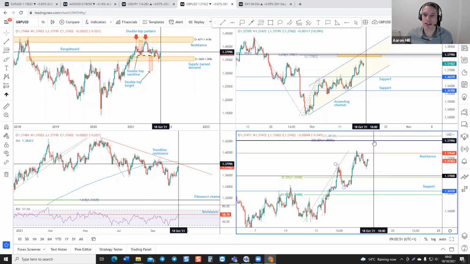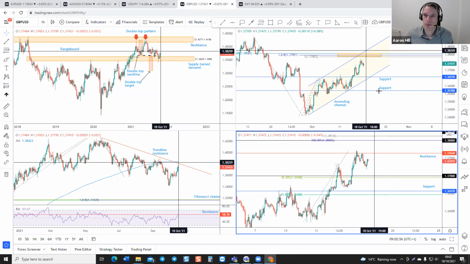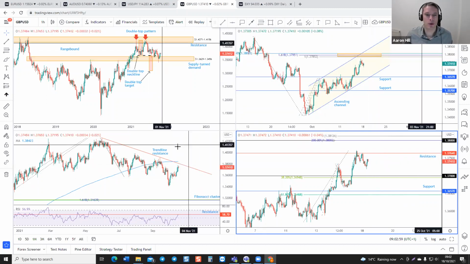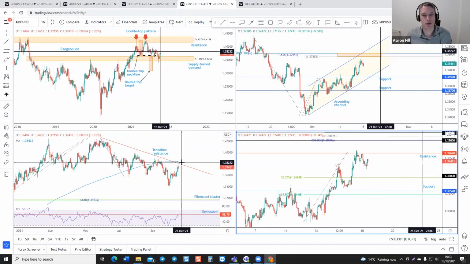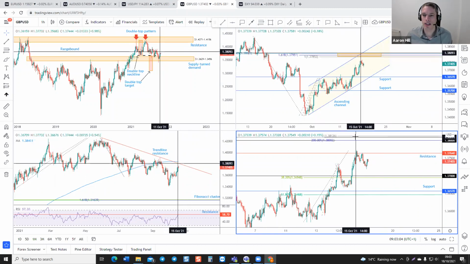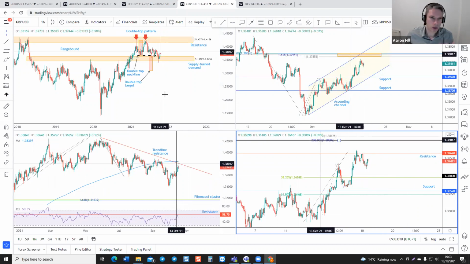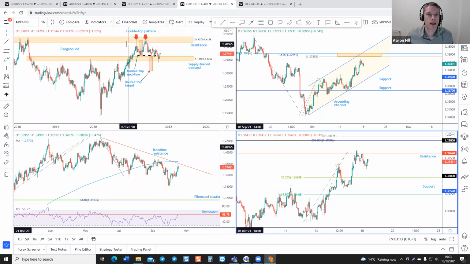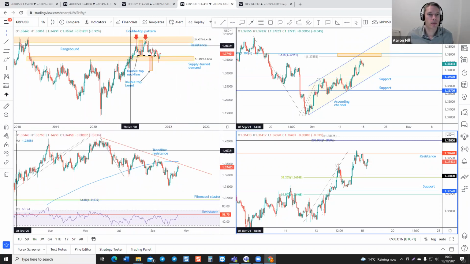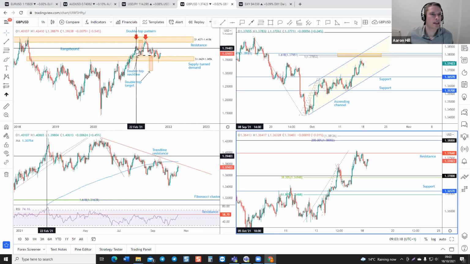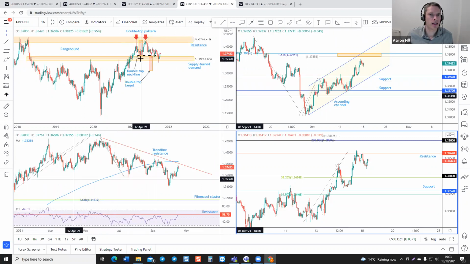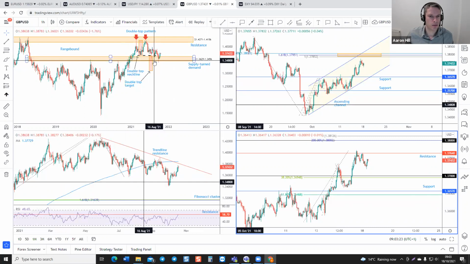What's interesting, though, is these two levels on the H1 time frame share chart space with the H4 resistance, which, as we already know, also shares chart space with the daily trendline resistance. So together, we are looking at the 138 handle this week to form potential resistance in this market, which coincides with the double top pattern formed on the weekly time frame, and that comes in at 42.41, which broke its neckline mid-August of this year.